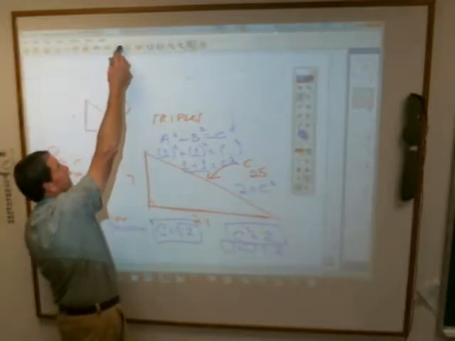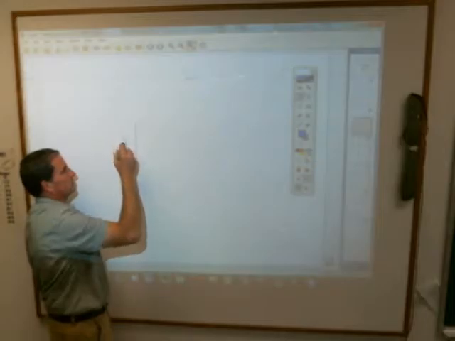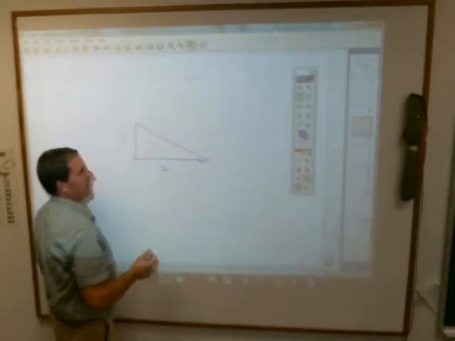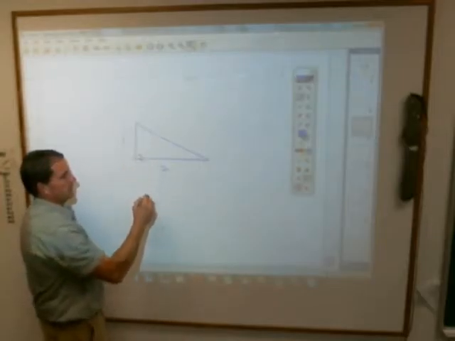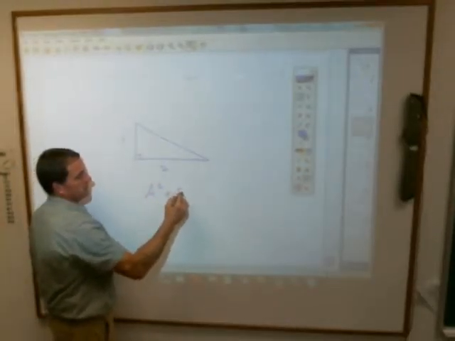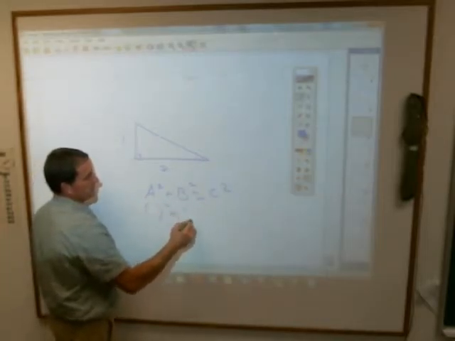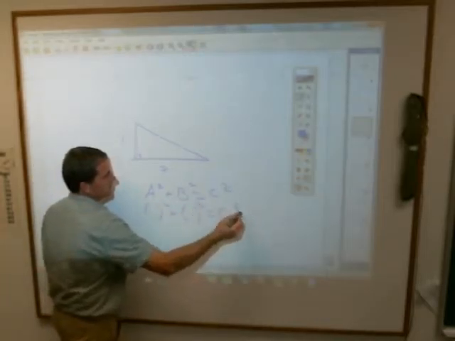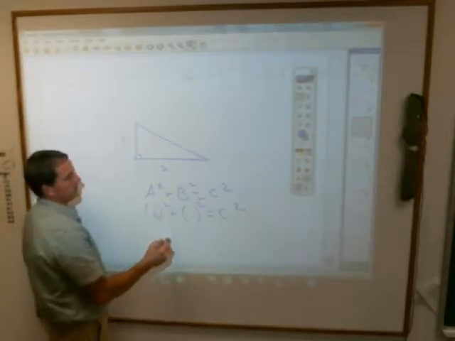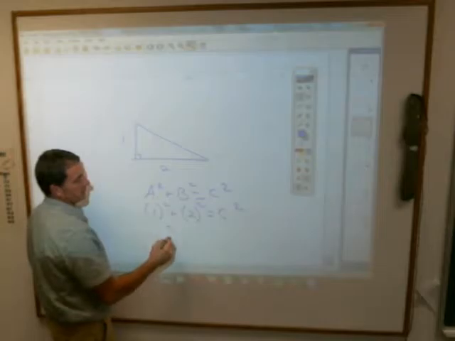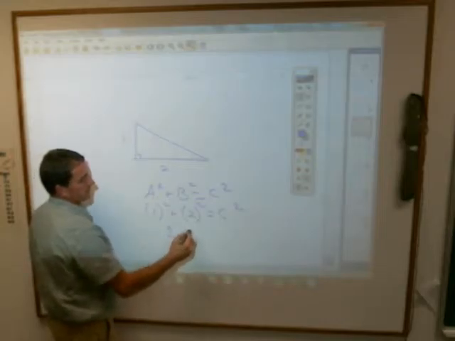Just like this, let's do another one. What if my triangle was a 1, 2 triangle, and I want to know what my hypotenuse is? Again, you need to write this out. A squared plus B squared equals C squared. 1 squared plus 2 squared equals C squared. 1 squared is 1. 2 squared is 4.